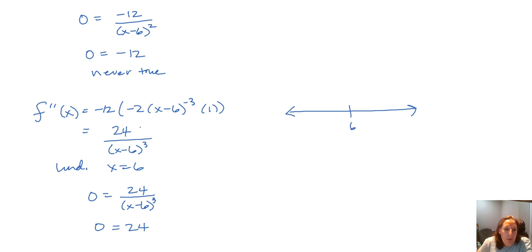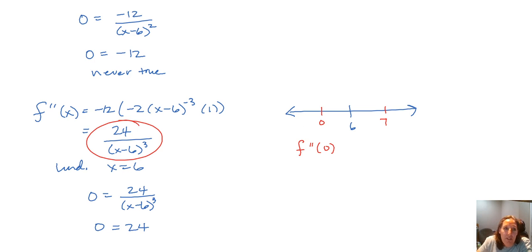And so now we're going to be plugging into our second derivative our points 0 and 7. And so our second derivative at 0, now we're going to have a negative 6 cubed. A negative cubed is going to give us a negative number, so a positive divided by a negative.